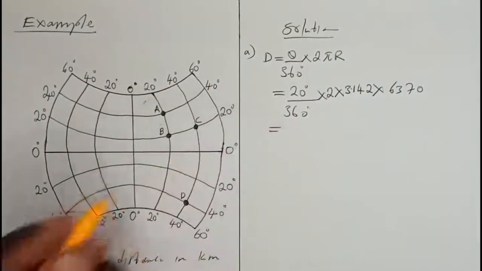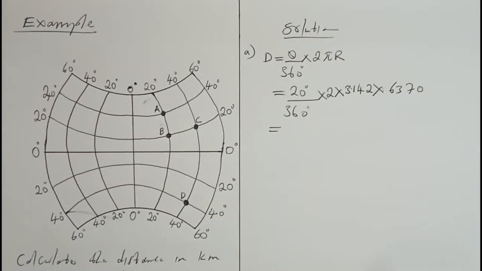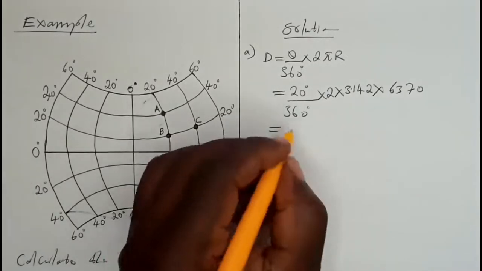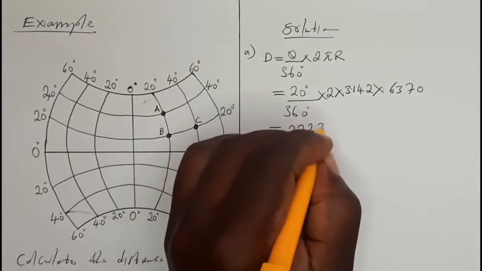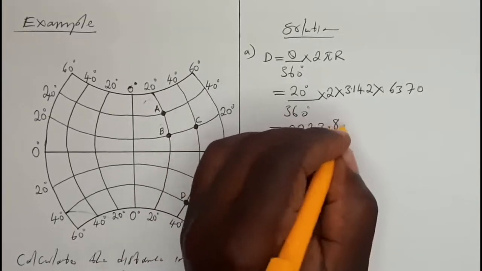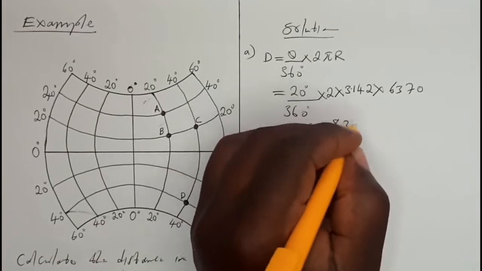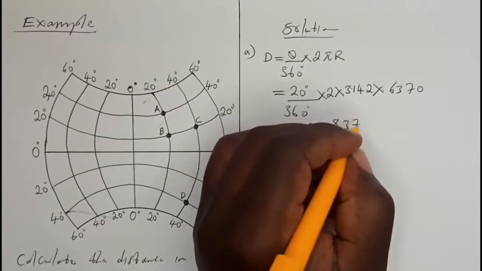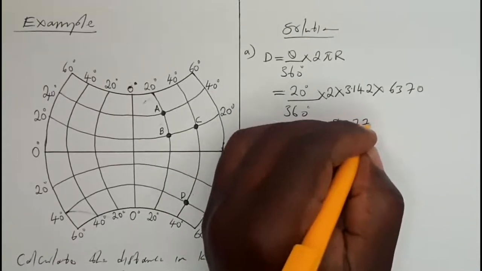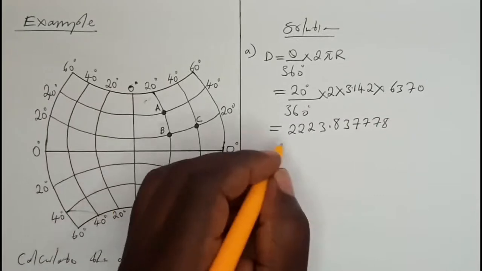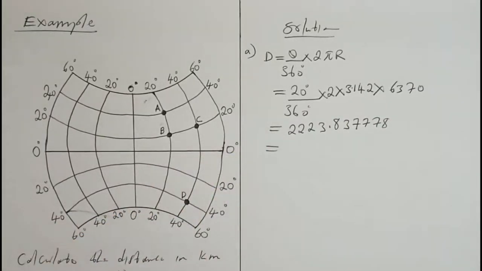Then from here, if we key this in a calculator, it will give us 2,223.838, okay? So this number is not exact.